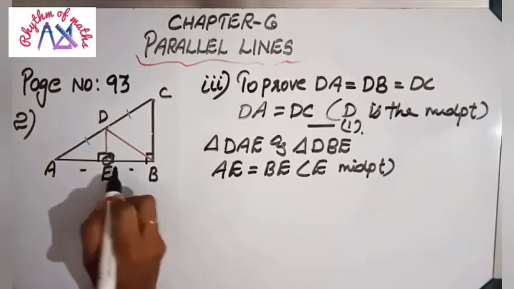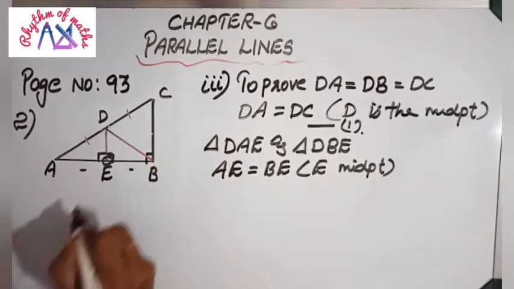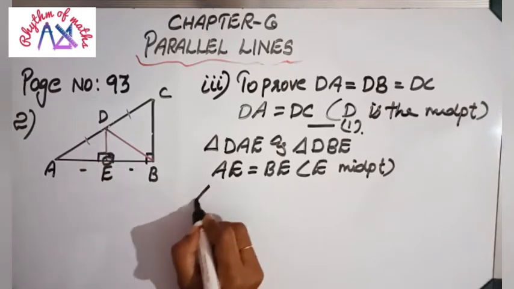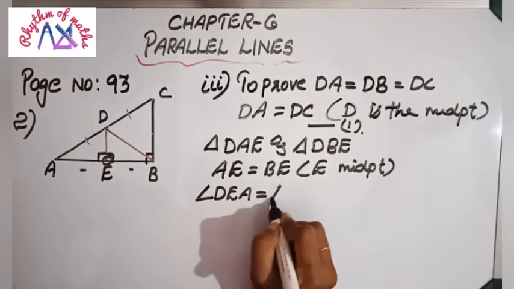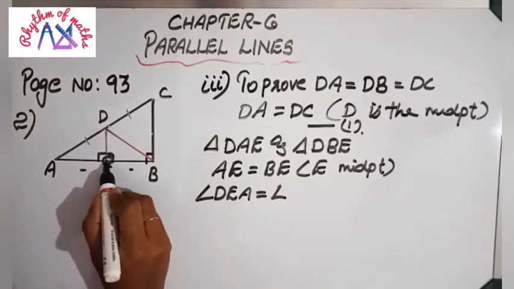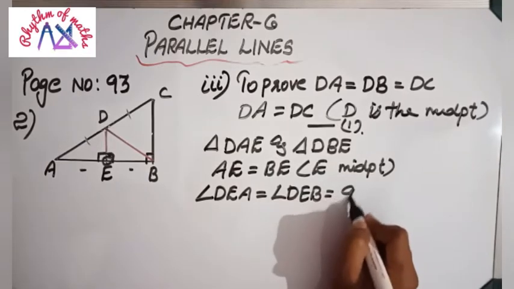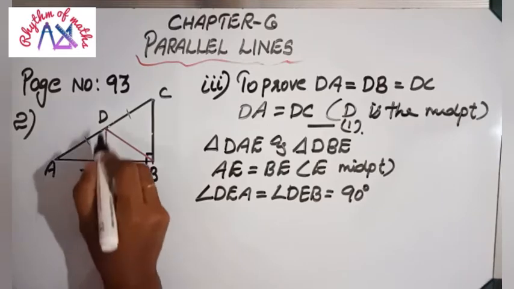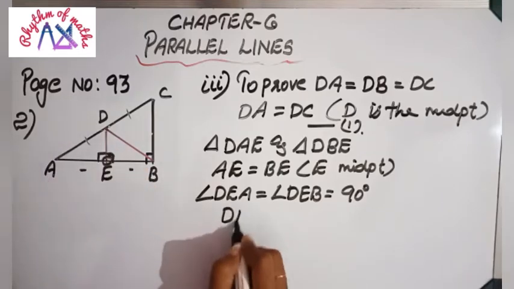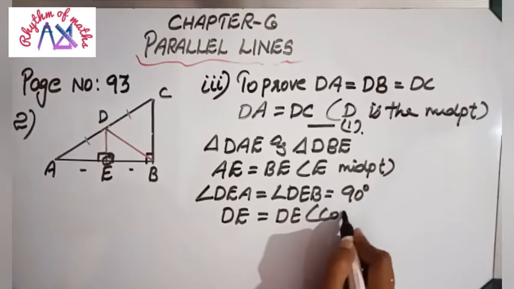So these two parts are equal. And a 90-degree angle is there in both triangles. Angle DEA equals angle DEB, both 90 degrees. Now the other equal side: DE equals DE, because that is common.